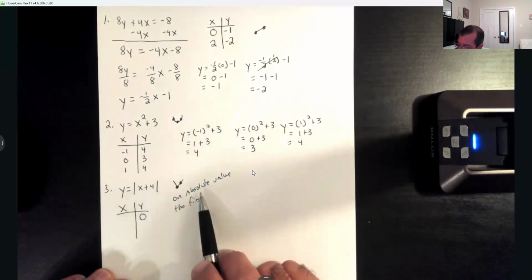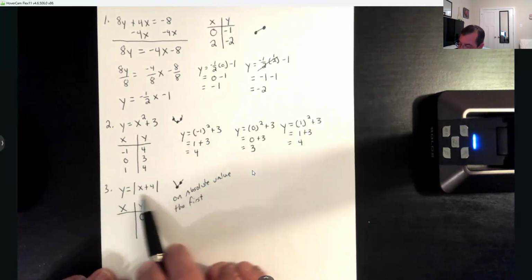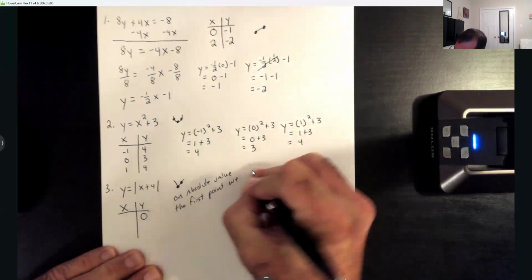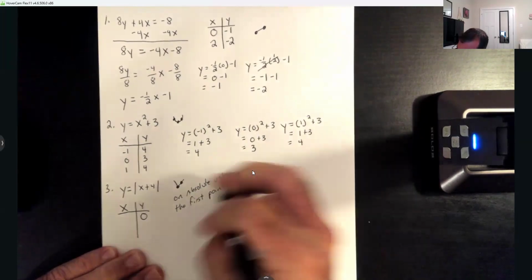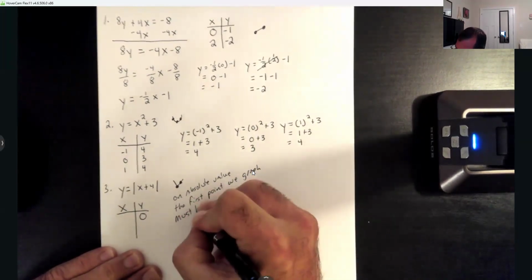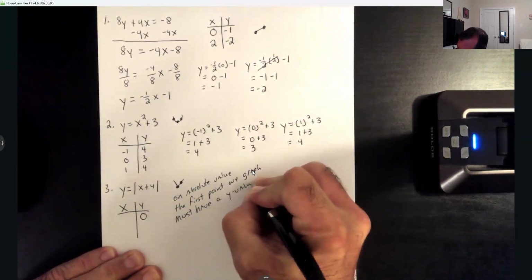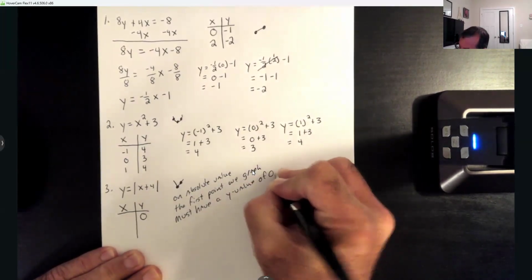So here's the thing. On the absolute value graphs like this, the first point we graph must have a y value of 0.